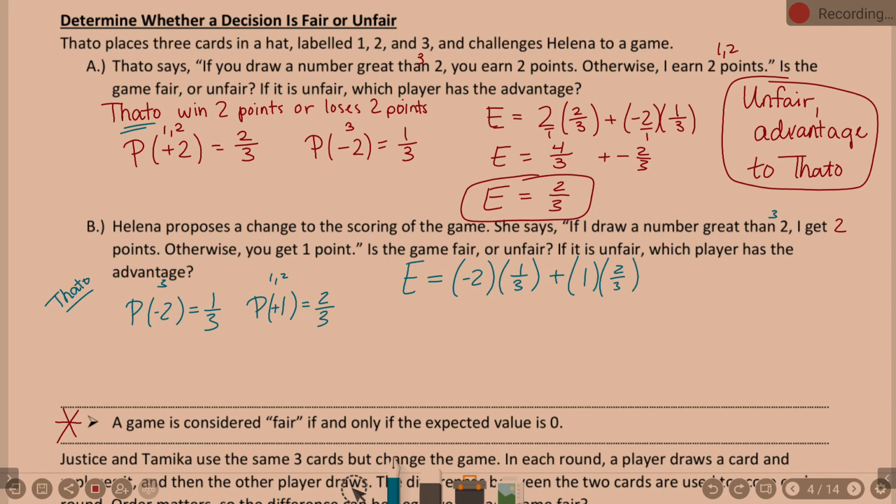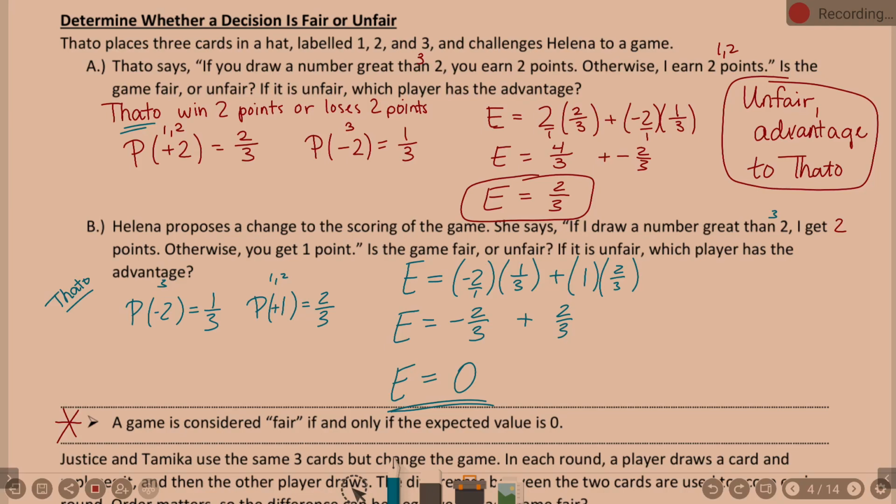Well, -2 times 1/3 is -2/3, plus 1 times 2/3 is 2/3. -2/3 plus 2/3 is 0. What just happened? The game is fair.